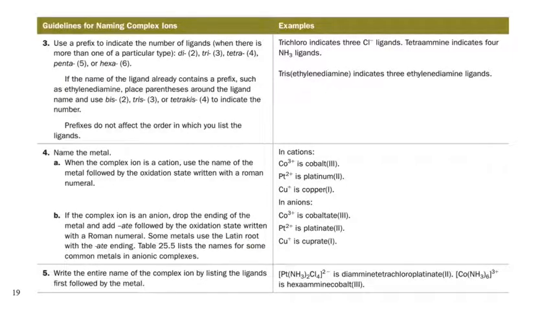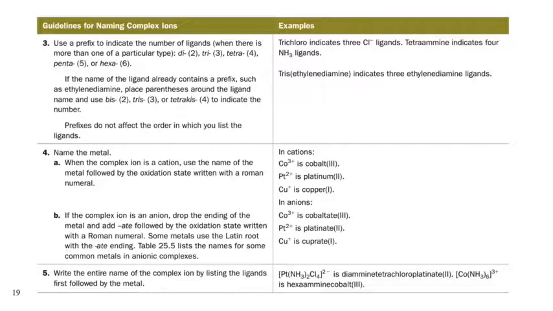Familiar prefixes here: di, tri, tetra, penta, or hexa. We're not going to get any larger than this. So if we see trichloro, that means 3 chloride ligands. Tetraammine, tetra meaning 4, ammine referring to the ammonia molecule.